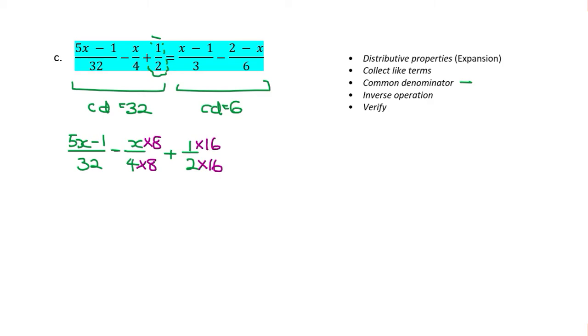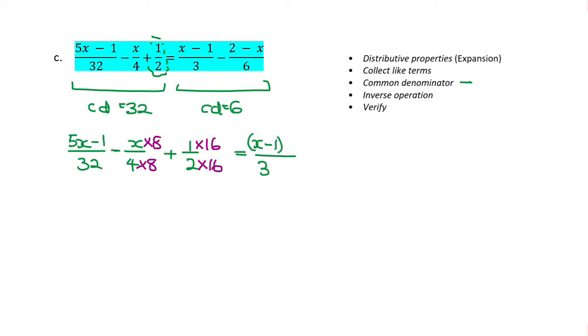So this is done with the left side, and we're moving over to the right side, which in this case has the common denominator of 6, which means 3, and at the top is (x minus 1).